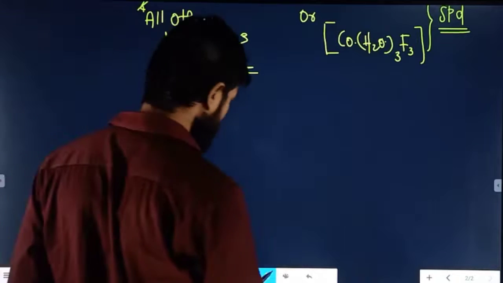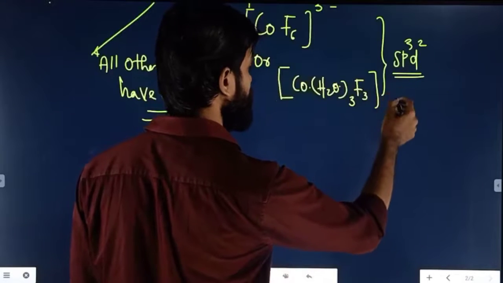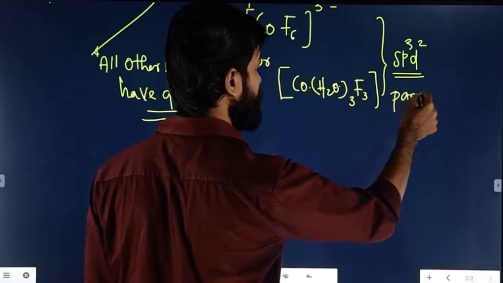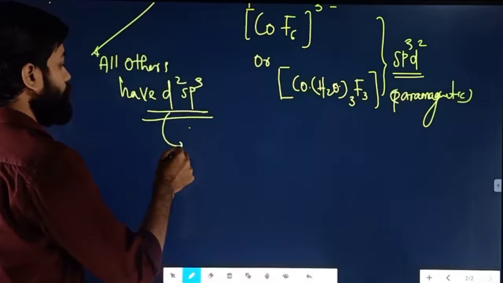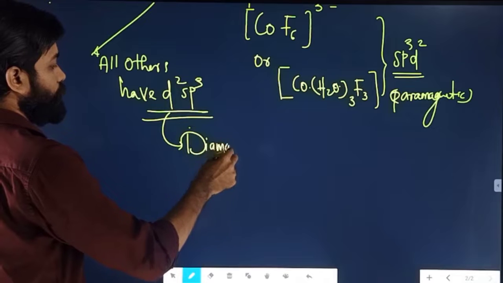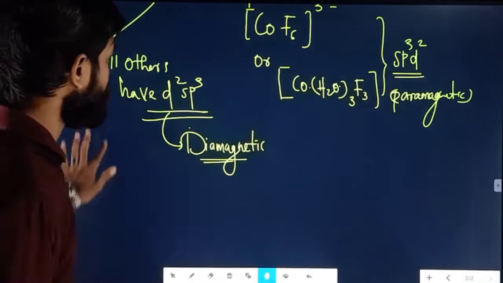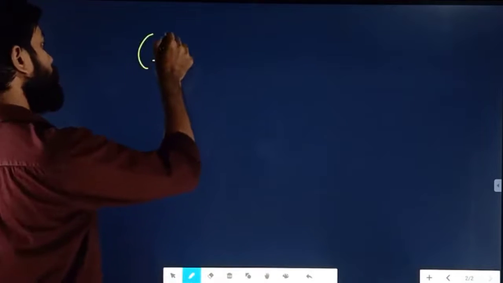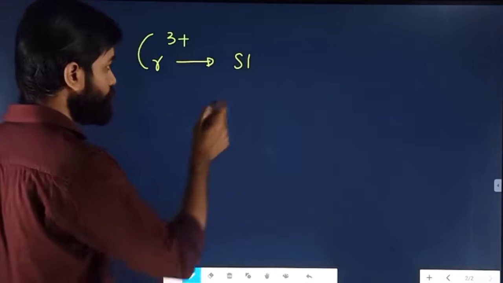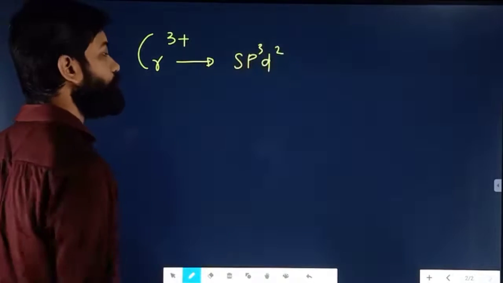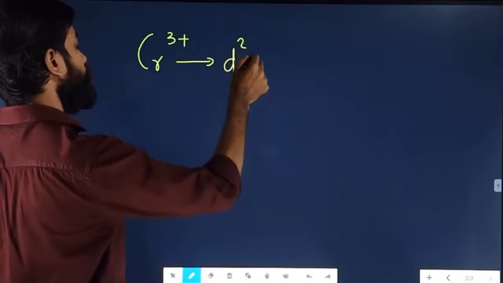And we know that if it is sp3d2, inner electrons are unpaired, right? So this becomes paramagnetic. There is no pairing. This complex will be paramagnetic, and this will be a diamagnetic one. Ready? If chromium is in the +3 oxidation state, then its hybridization will be d2sp3.